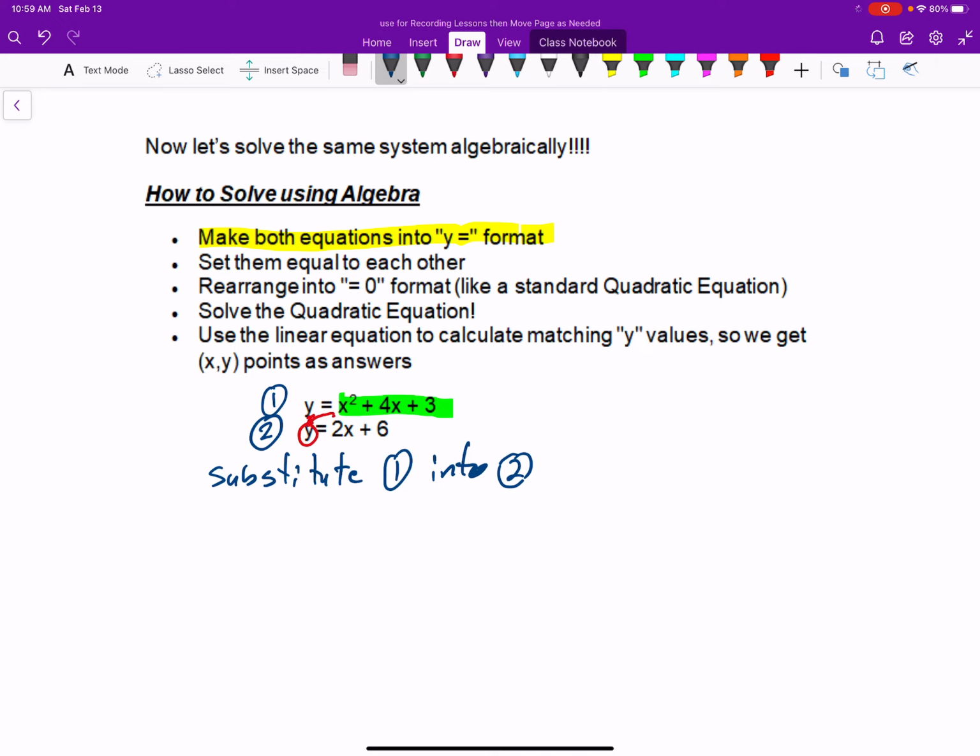When I do that, I got x squared plus 4x plus 3 equals 2x plus 6. So I've combined them into a single equation by substituting one into the other, and the benefit is that now I only have one variable, just the x, no longer the y to deal with, and one equation with one variable can be solved however I want to do it.